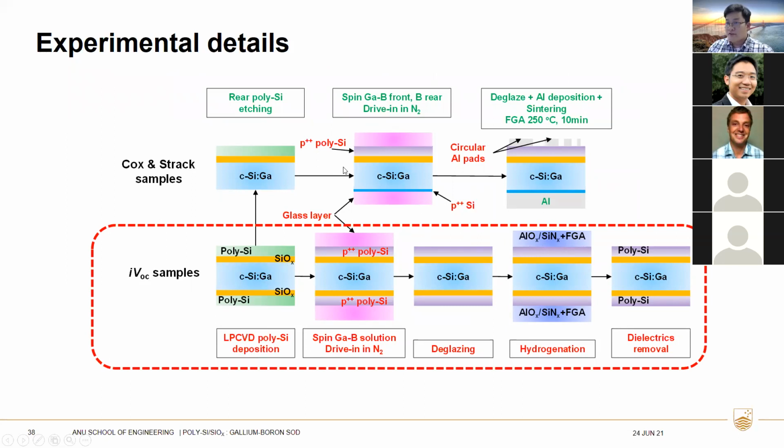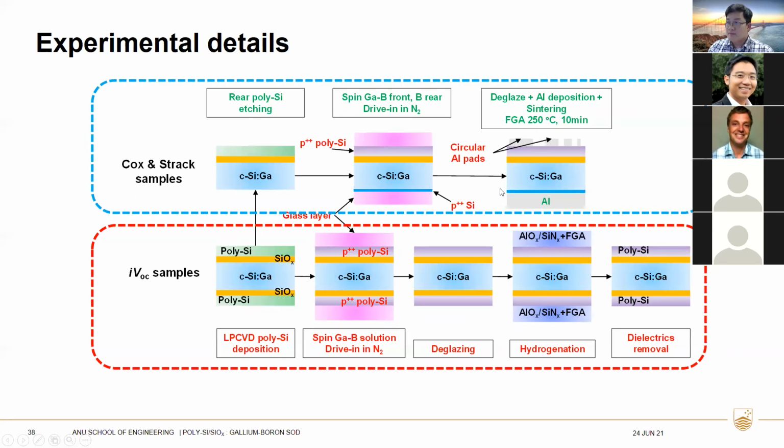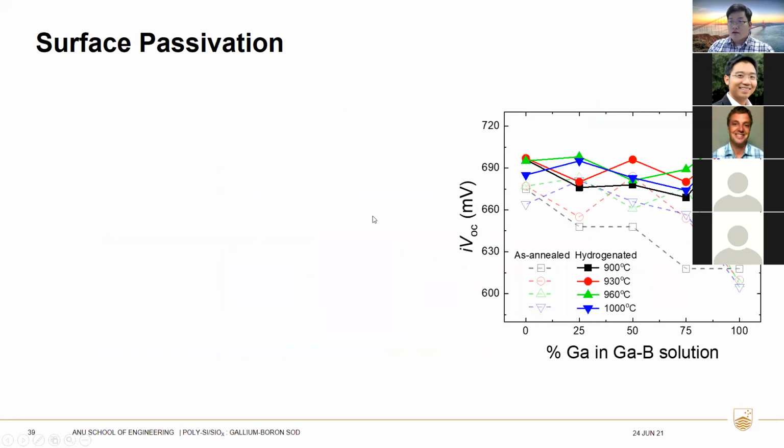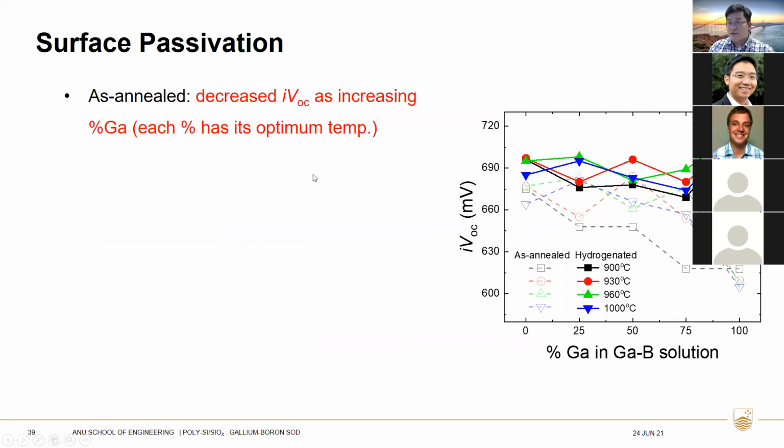For the contact resistivity measurement, we use the Cox and Strack method to extract the contact resistivity. First, the surface passivation.